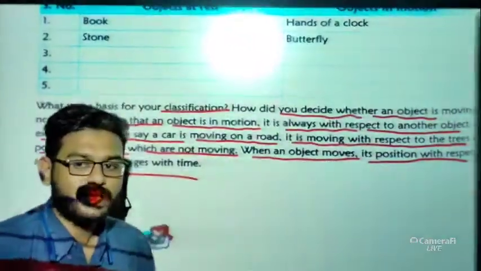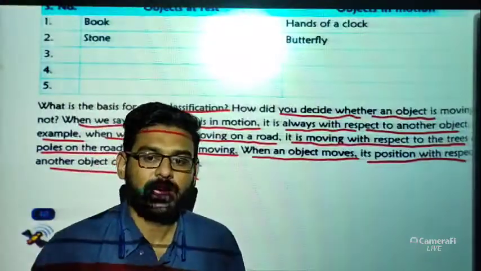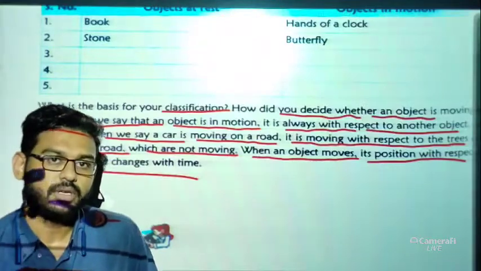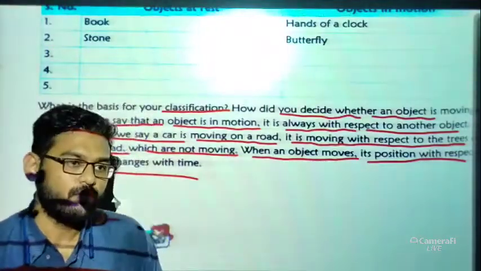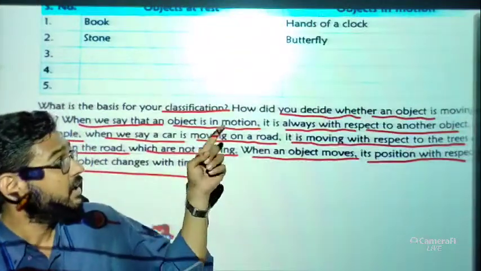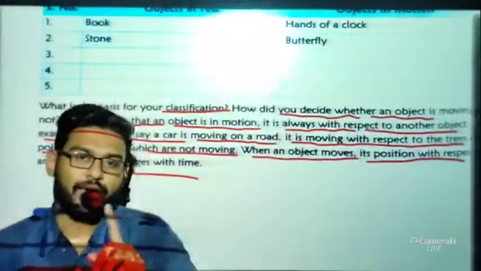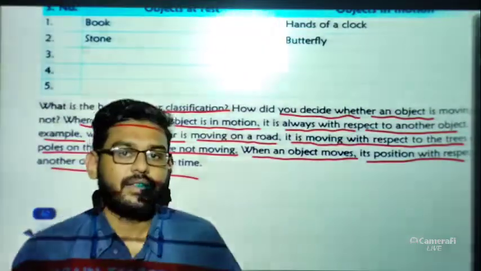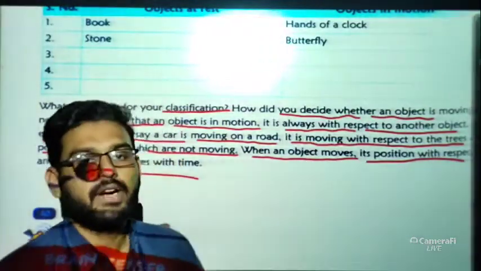Now tell me one thing, students. Suppose you and your friend, two of you, are moving by a car on the road. If I see both of you, I can tell that you are moving in the car. That means you are an object in motion. But when your friend sees you, what will he see? He will say that you are just sitting in front of him.